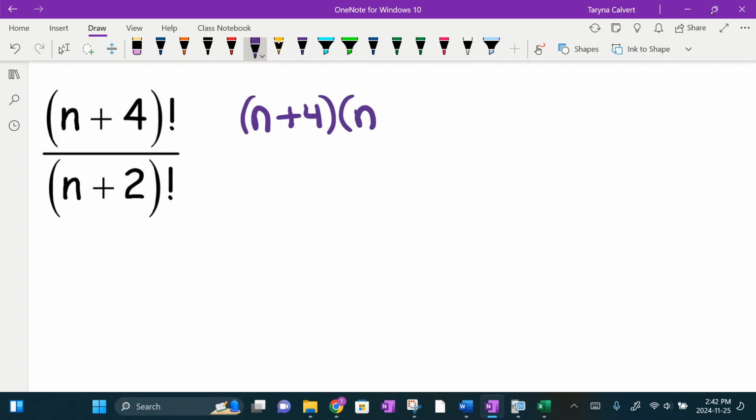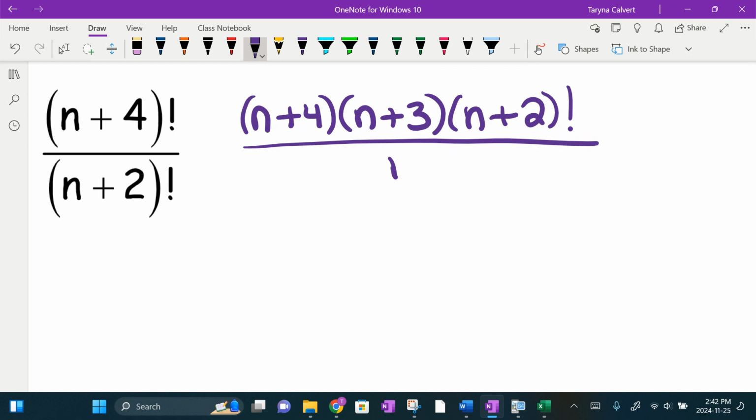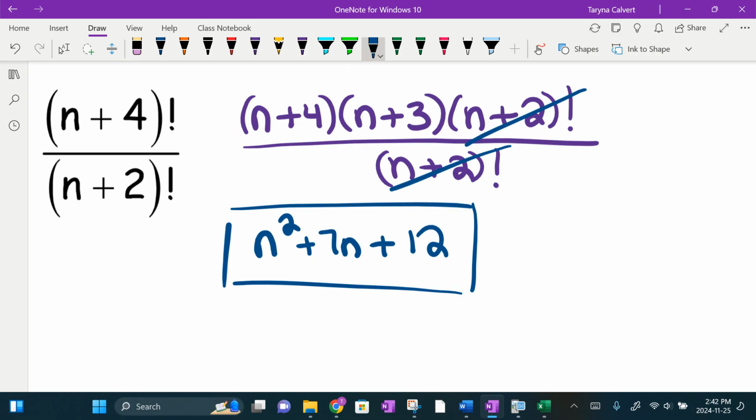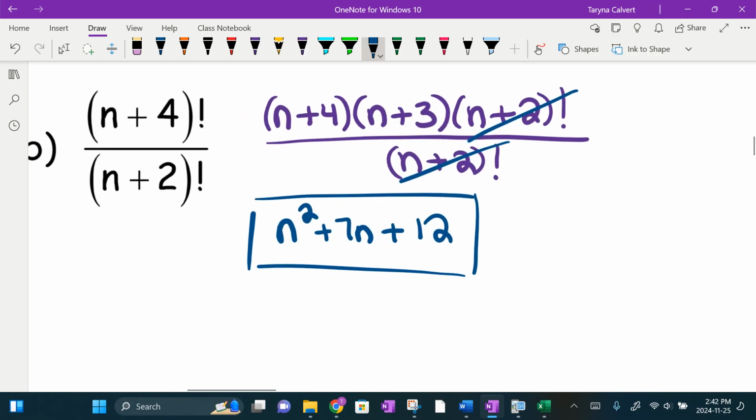Subtract 1, and now n plus 3, n plus 2, boom, bang, got the bottom. They divide out. So then I'm left with n squared plus 4n plus 3n is a plus 7n plus 12. And we're done.